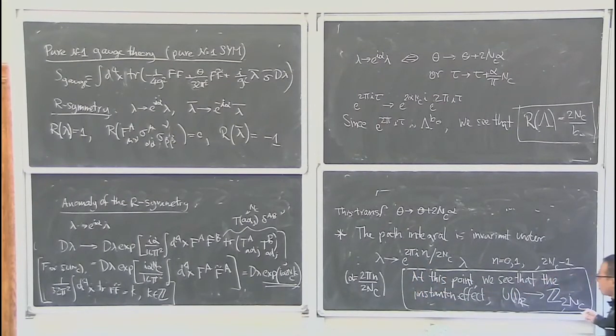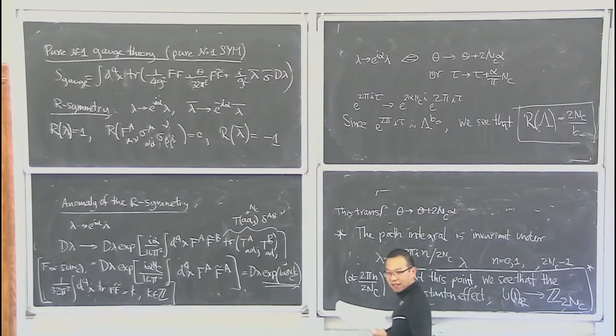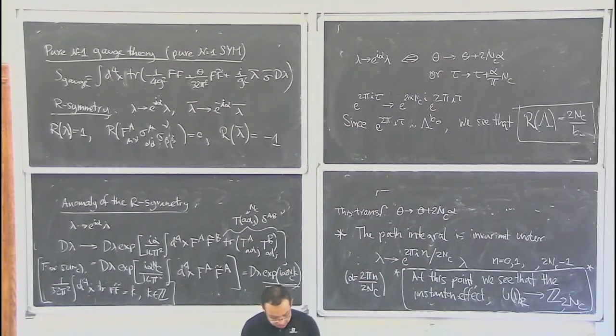So now, this is a key observation. Yeah, but this is called breaking. Originally in your Lagrangian you have U(1)_R.